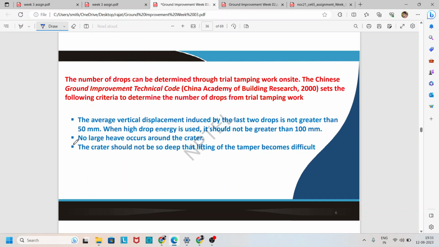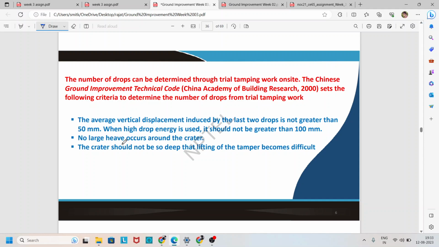Here it is said that the vertical displacement induced by the last two drops should not be greater than 50 mm. We need that number of drops until the vertical displacement for the last two drops is not greater than 50 mm for a small energy. If we apply high energy, it should not be greater than 100 mm, and also there should not be any ground heave.